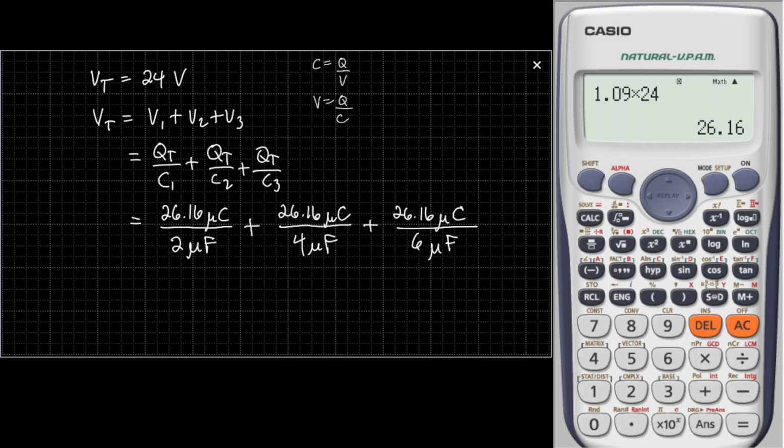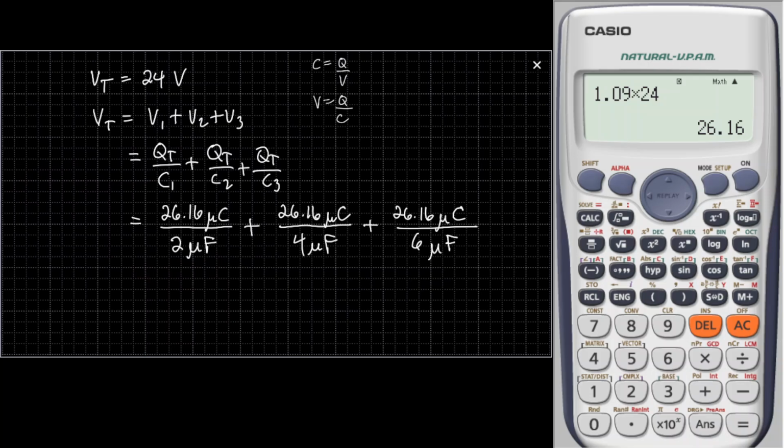So here, I didn't convert it into times 10 raised to negative 6 coulombs because they are both micro. So okay, it will cancel anyway. And we still get it in terms of voltage. Okay?